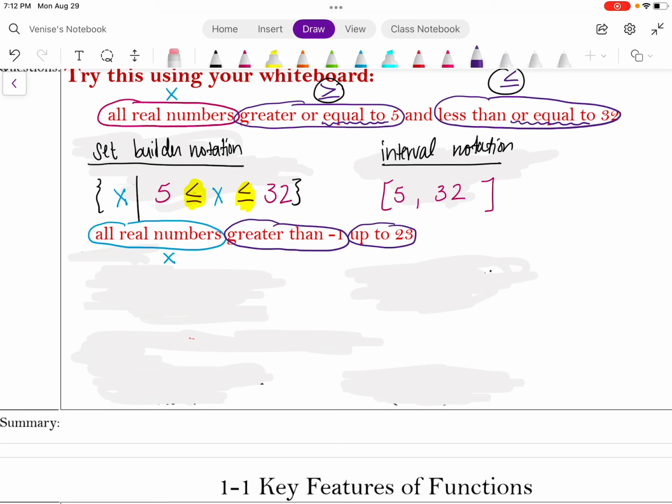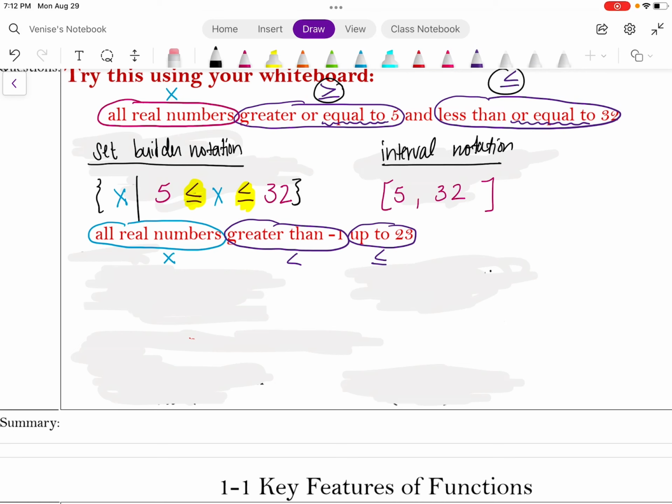So it says greater than -1, so that must mean it's not included. So it's just going to be no line underneath it. And then up to 23. So that means every number until 23. So that must mean 23 is included in our range here.